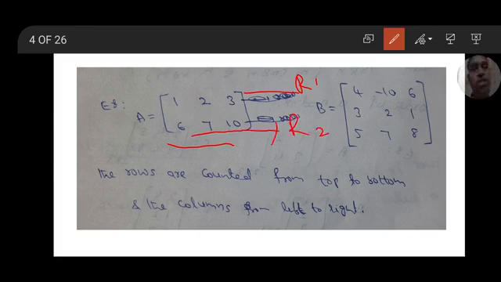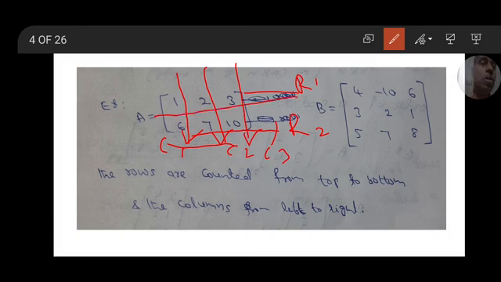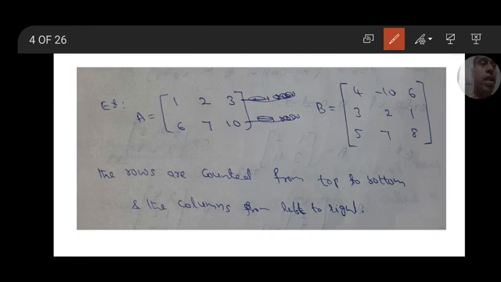And this 1, 6 is the first column, 2, 7 is the second column, 3, 10 is the third column. Means we have a total of 2 rows and 3 columns. We arranged the elements in 2 rows and 3 columns and enclosed them by square brackets. That is a matrix, and it is denoted by the capital letter A.